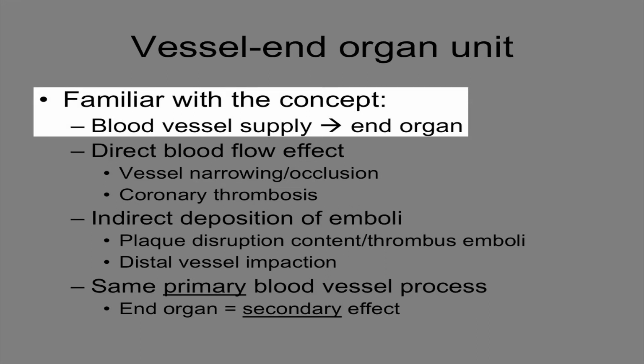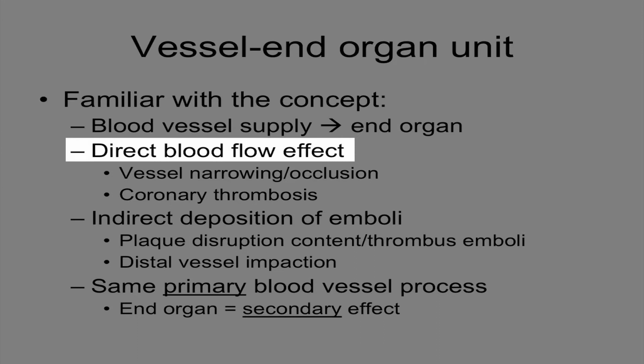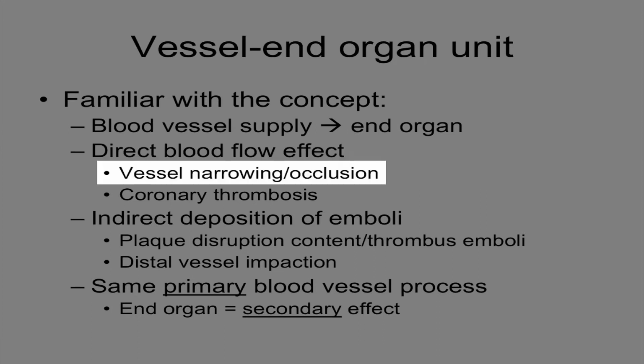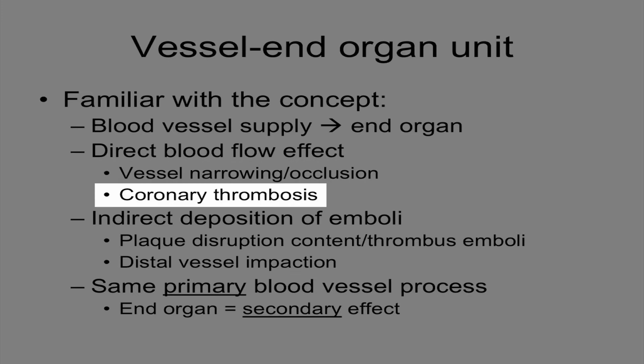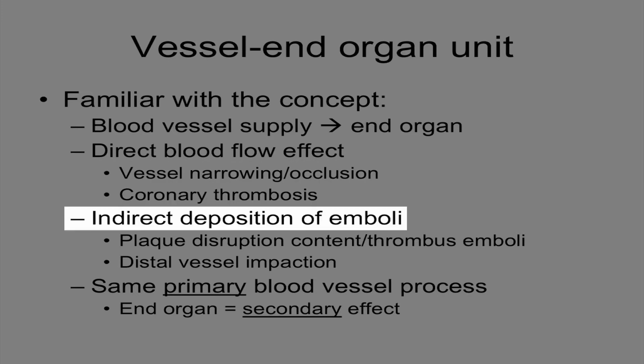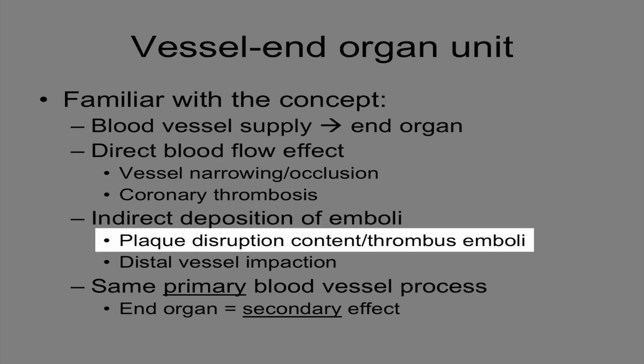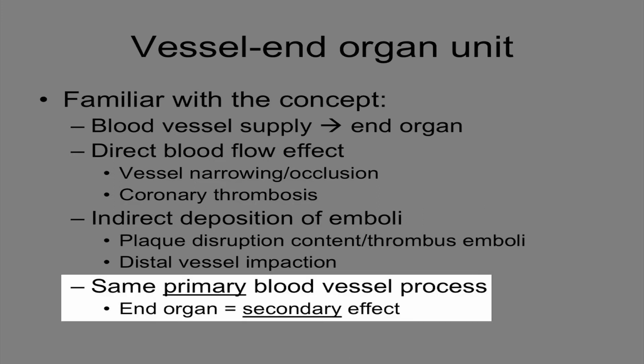The blood vessel itself, you can have a direct flow effect on the end organ where you have narrowing and total occlusion, coronary thrombosis being a good example. An indirect effect where you're having emboli going to the end organ where there's plaque disruption. Again, these primary events in the vessel are the same, having a secondary effect on the end organ.